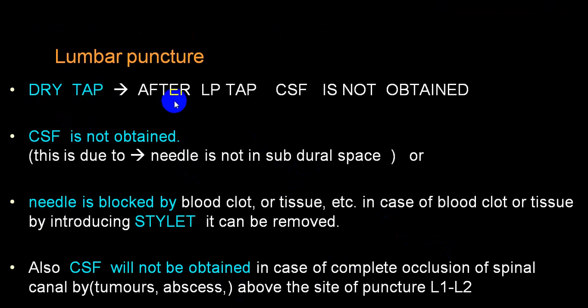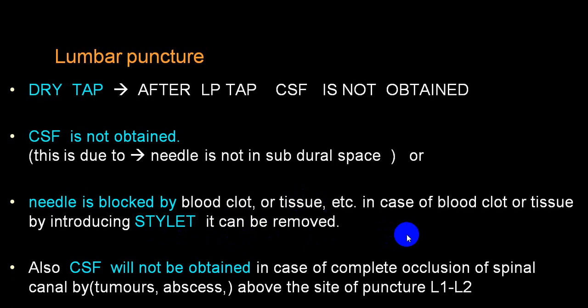Dry tap can be because of improper position of the lumbar puncture needle, or the lumbar puncture needle has been blocked by blood clots or by tissue, and in that case you reintroduce the stylet and see that you obtain CSF, and if it is not obtained even after reintroduction of the stylet, it means your position of the needle is not proper.